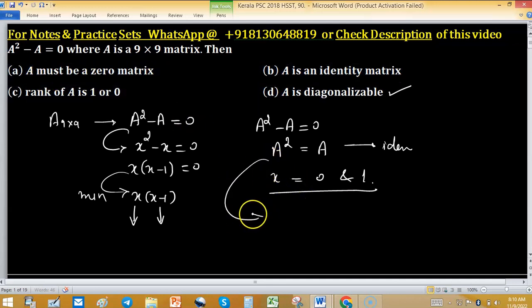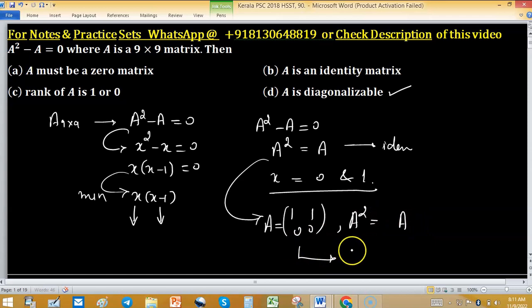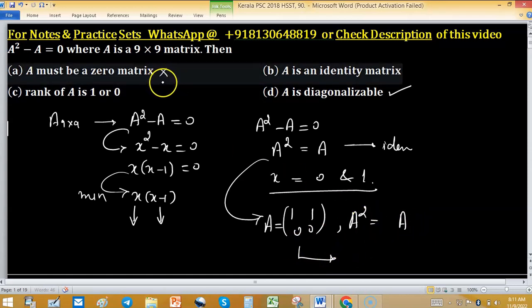It is not necessary that A must be a 0 matrix. If you consider the matrix 1 1 0 0, suppose this is A, then A square equals A, but A is not a 0 matrix. Option A has been discarded.